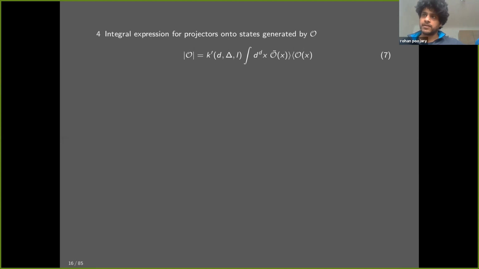All states generated by O are L minus acting on O acting on the vacuum, and you have to sum over all these states. That sum is being replaced by an integral, and this basically plays the role of the projector.